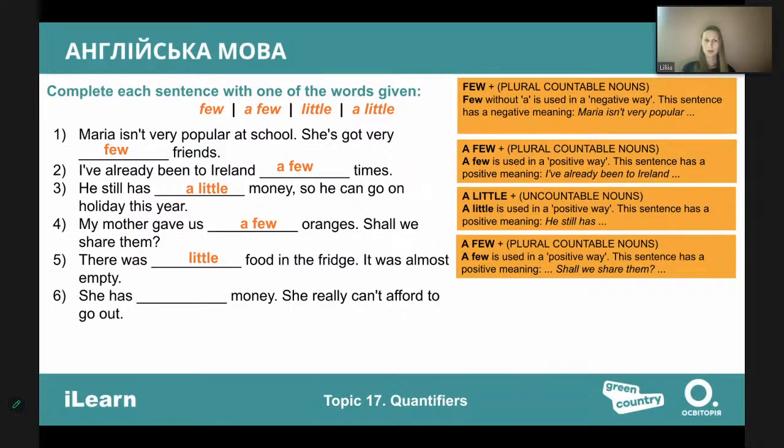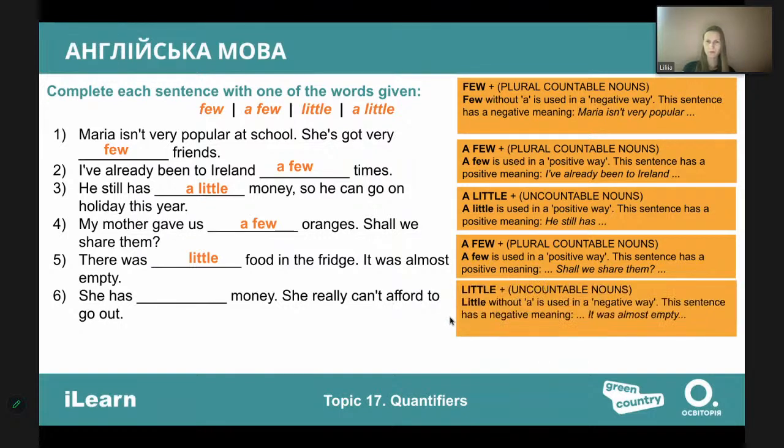And the last one. She has money. She really can't afford to go out. So what's number 6? By the way, money, little or few? Can we count money? Guys, a good question to everybody. Can we count money or not? What do you think?